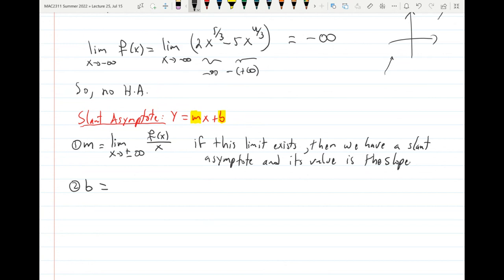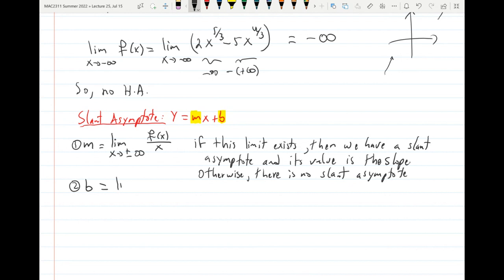Okay, and then if this limit exists, then we have a slant asymptote and its value is the slope. Otherwise, there is no slant asymptote.